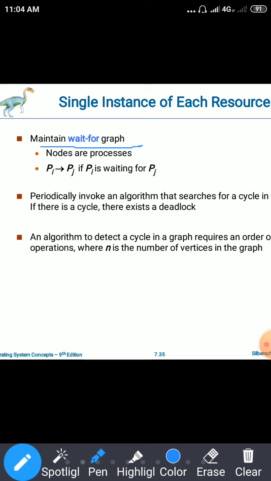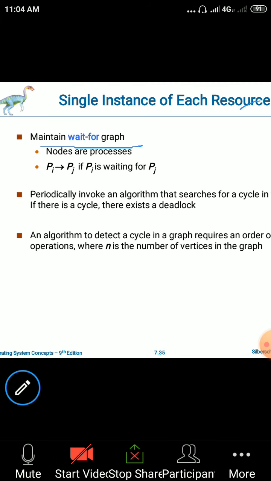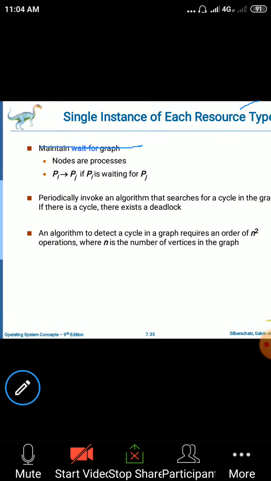Here we assume that each resource has a single instance. If three resources are there, R1, R2, R3, then each has only one instance: R1 has one instance, R2 has one instance, and R3 has one instance.